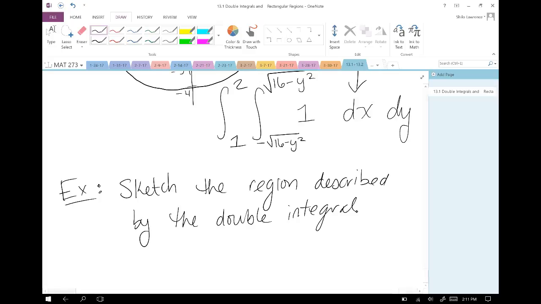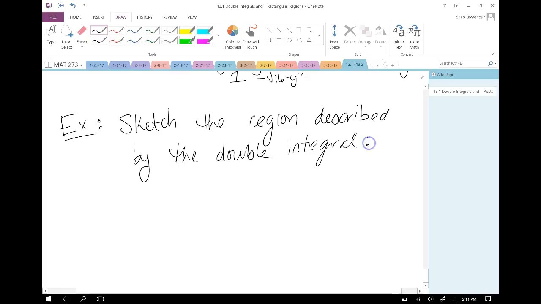Wants us to sketch the region described by the double integral. It's not a difficult one, but it's a new one. We haven't done one like this yet. It's just opposite of what we were doing in the last two.